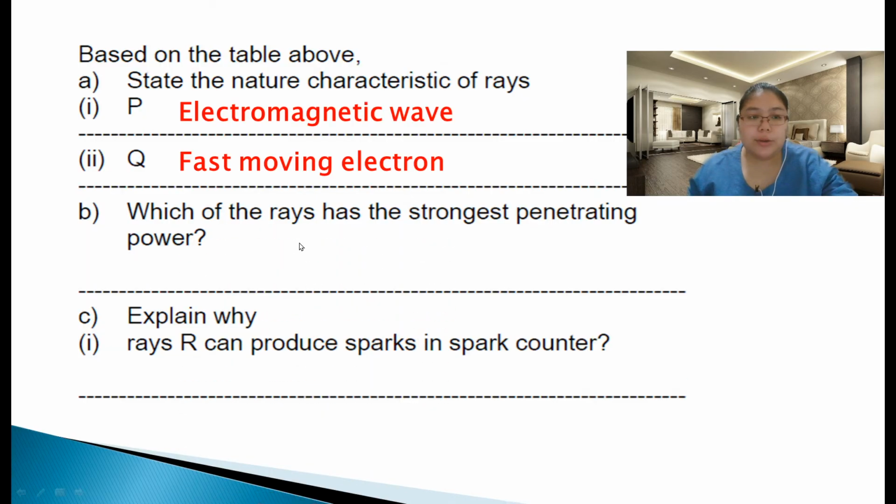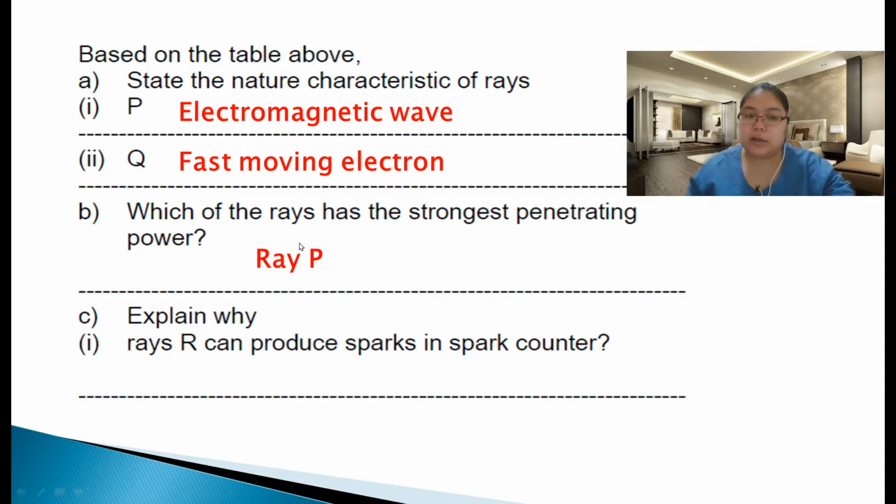Now we explain why ray R can produce a spark in the spark counter. Remember how the spark counter works? Because of ionization. When an alpha particle passes by, it ionizes easily because of its high ionization power, producing positive ions and negative ions.